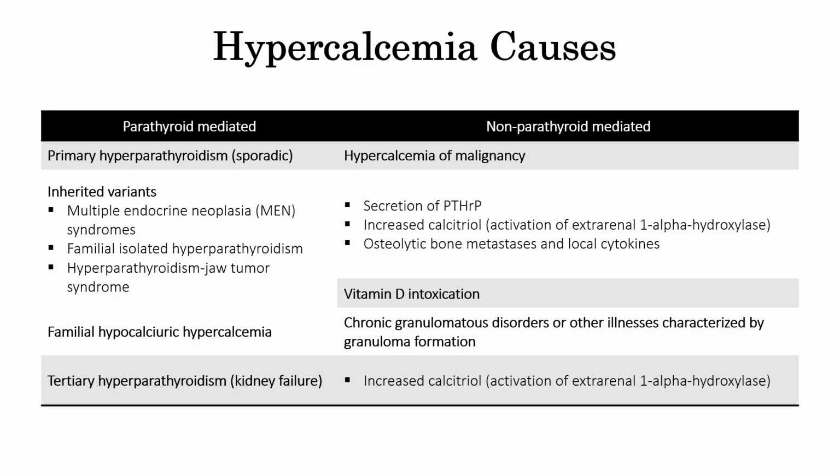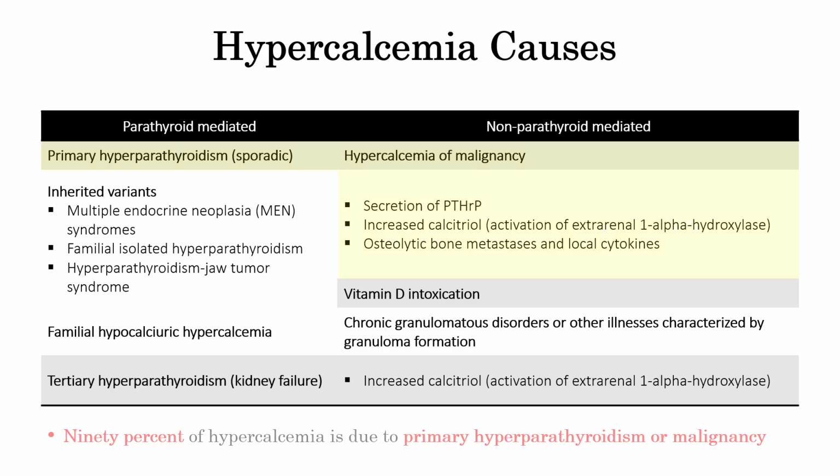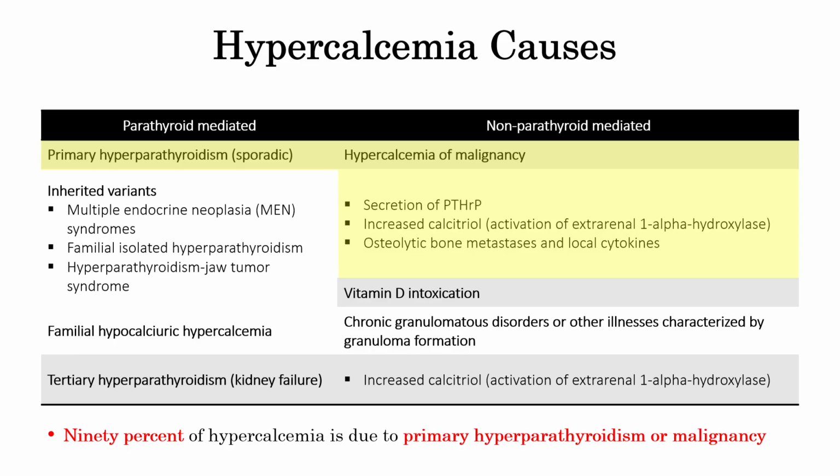Non-parathyroid mediated causes include hypercalcemia of malignancy, regardless of the cause, vitamin D intoxication, granulomatous diseases like sarcoidosis and lymphoma, increased calcitriol, and therapeutic hypercalcemia. It's noteworthy that 90% of cases of hypercalcemia are due to either primary hyperparathyroidism or malignancy.